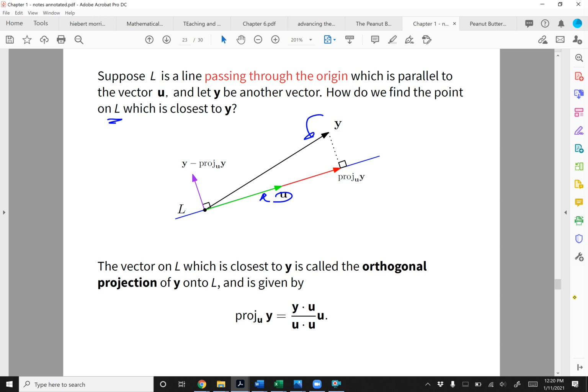In the book it does it a little bit. If you look carefully at pages 35 to 38 of the peanut butter book, I go through in pretty in depth and build up why you end up with this formula in a little bit more intuitive way than they do.